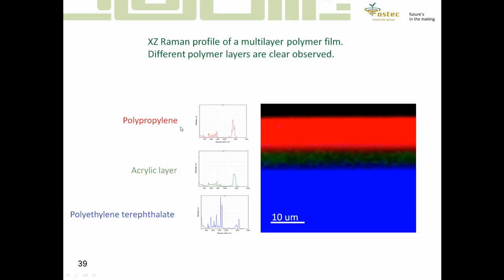For example, the first one is polypropylene, then an acrylic layer, and a polyethylene terephthalate layer. So for some packaging production, it's very important to know the profile of such multi-polymer films.